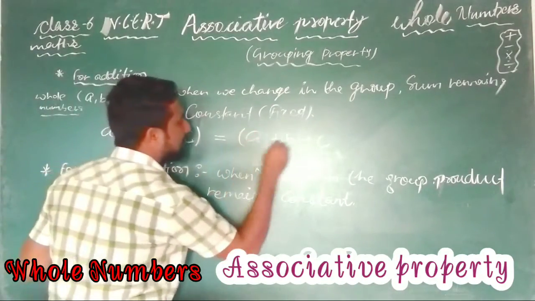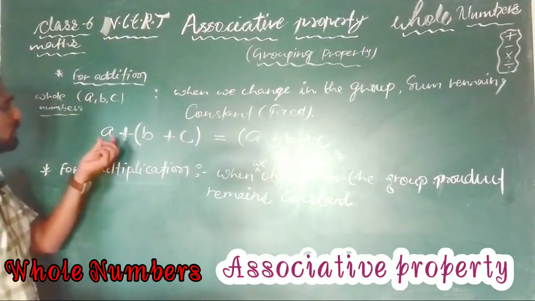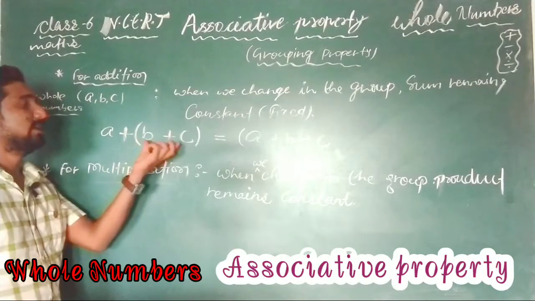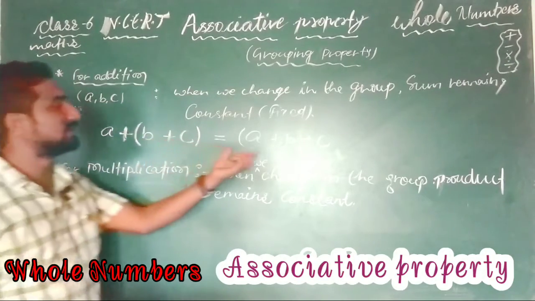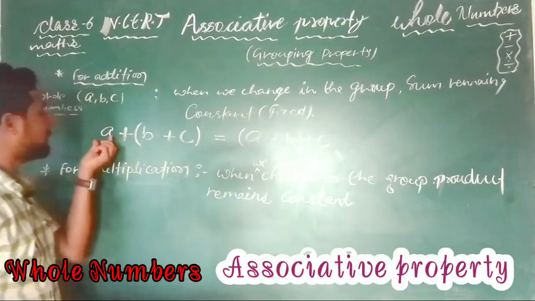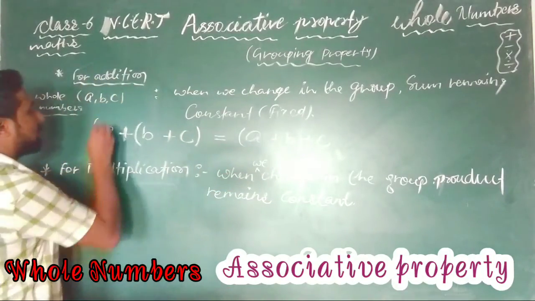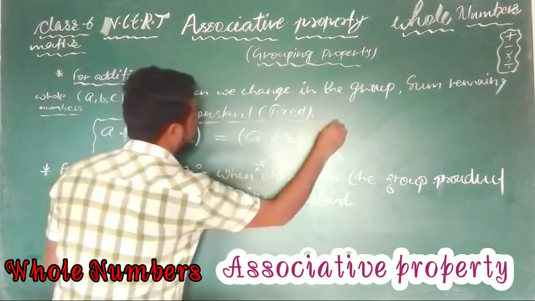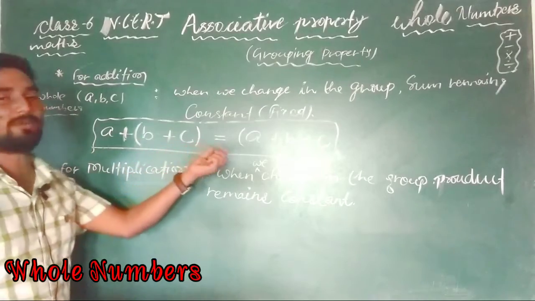Here I will take A and B in the group and C is standing outside. So out of these 3 members, 2 are inside the bracket here, and 2 are inside the bracket there. Here A was standing outside, here C is standing outside, but this is only the associative property, and for the addition operation, so the addition sign is involved in between.